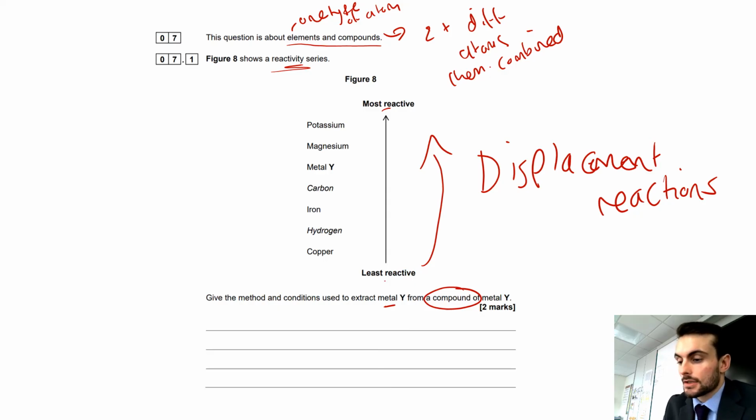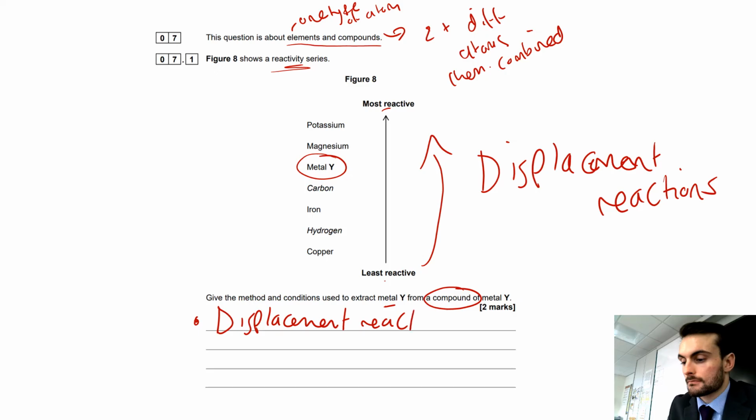So first thing you could do, if you look on the reactivity series, you've got potassium and magnesium are both above it. So one way we could do this very easily is we can do a displacement reaction with either potassium or magnesium. So that's 2 marks, one for saying displacement, one for saying with a more reactive metal or naming the metal.